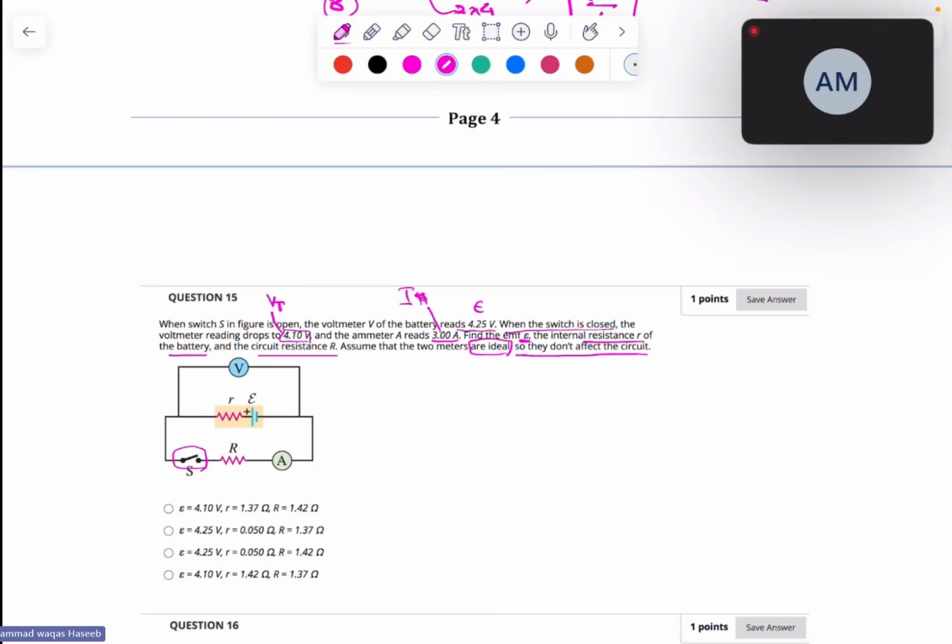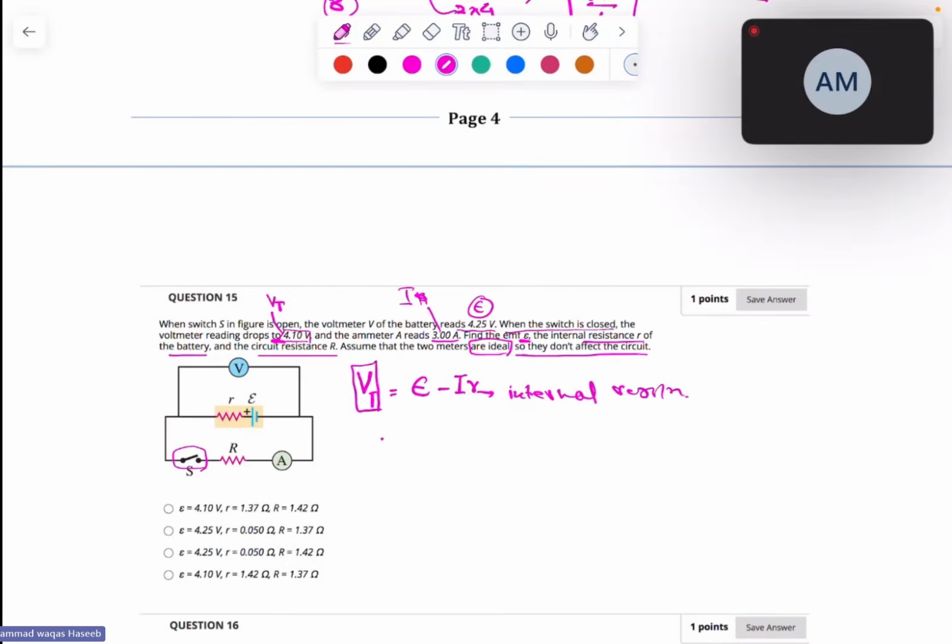So what is the formula? The formula is V terminal equals the EMF minus I r. And this small r is the internal resistance of the battery. Okay. So we have V terminal, which is this. We have EMF and we have a current.